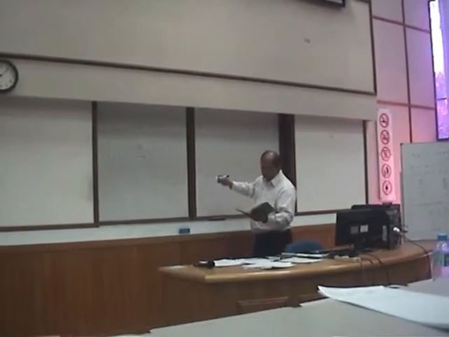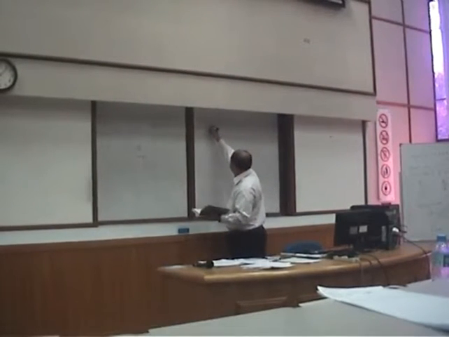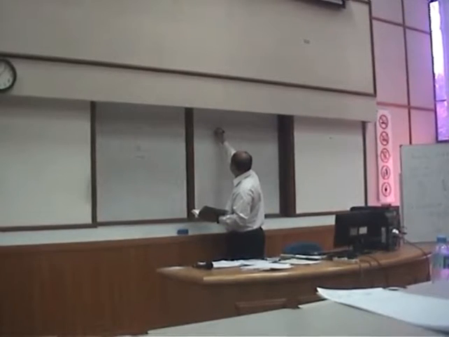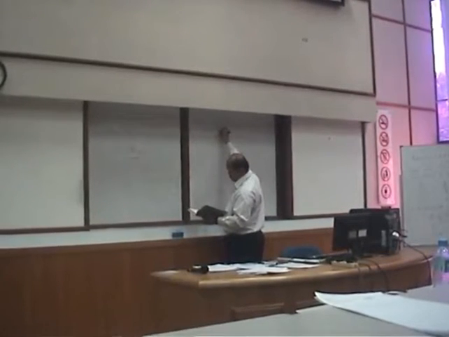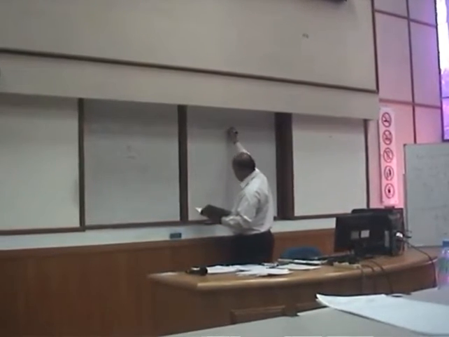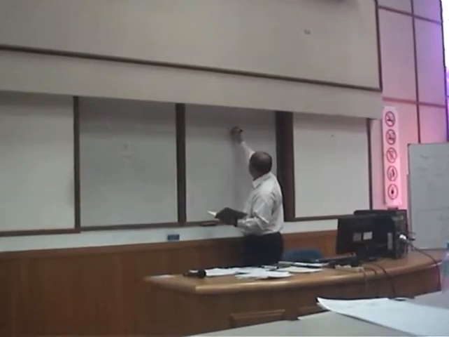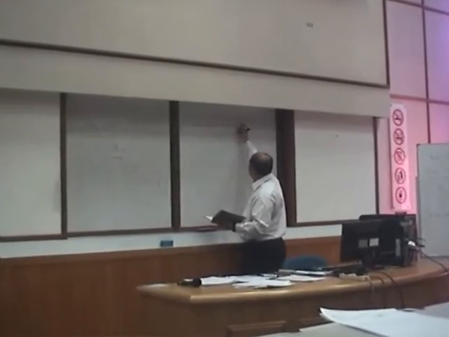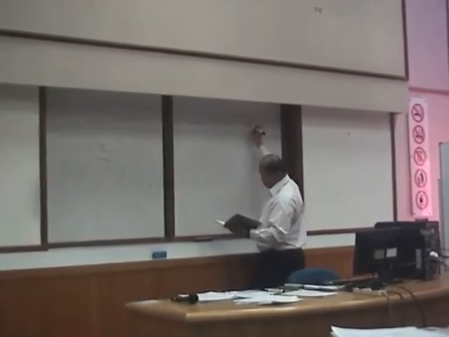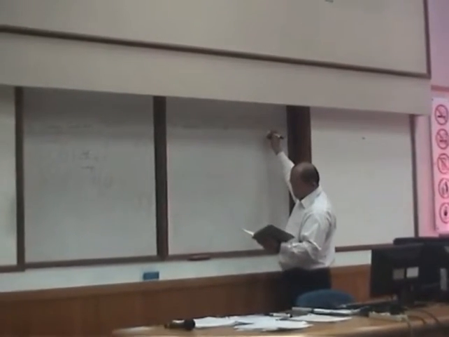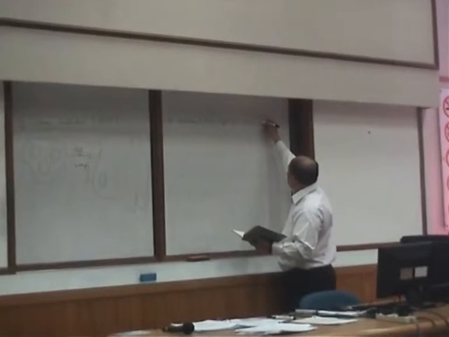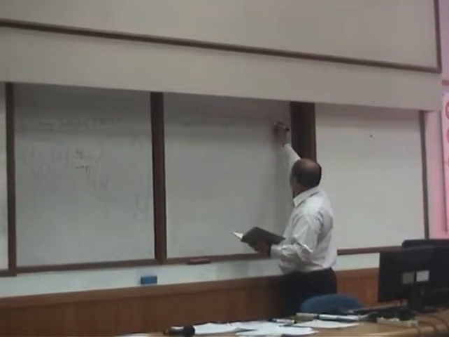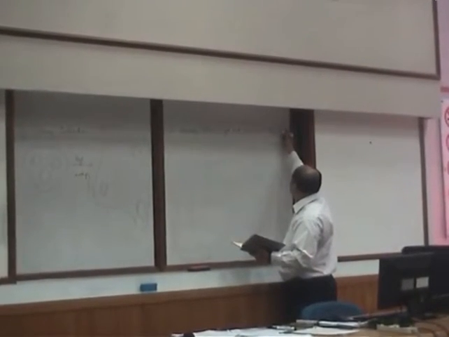So Heisenberg, 1932, suggests that proton and neutron are different states of the same particle.